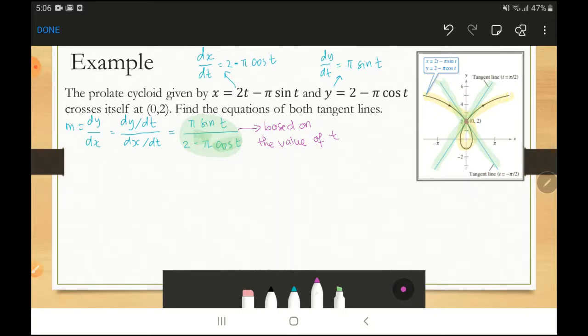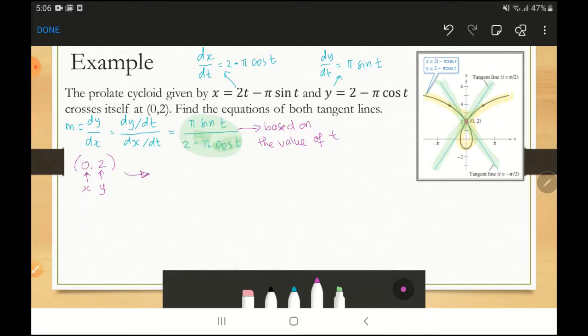As you know, the point is actually (0, 2), right? So this is the value of x, and this is the value of y. So considering the equations of x and y, we can find the value of t at that particular point.